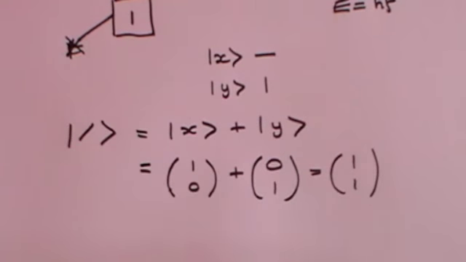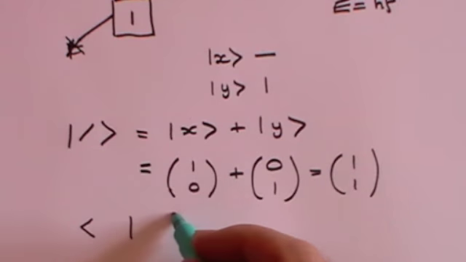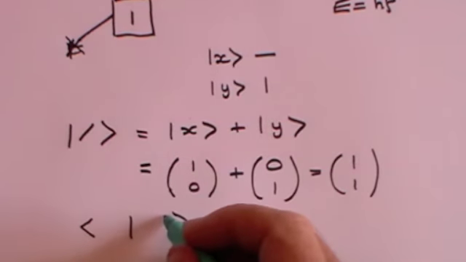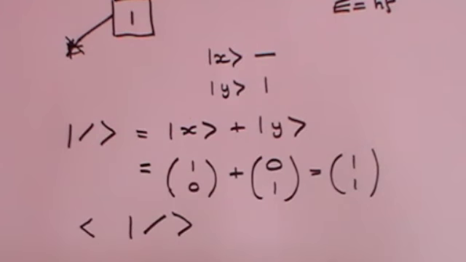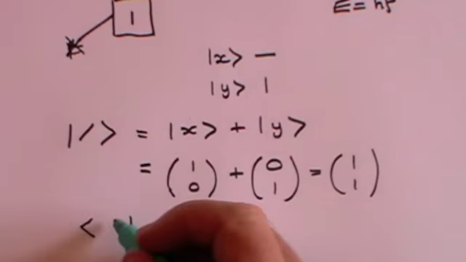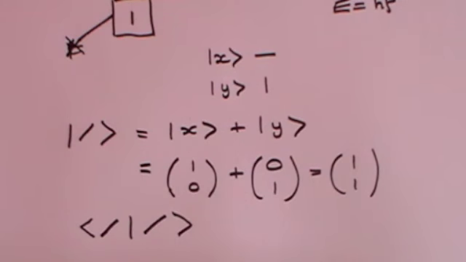But I now ask the question, what is the probability if I prepare my photon in the 45 degree angle polarization? What is the probability of it going through a 45 degree angle polarizer? And we all know the answer to that. It must be 100%. If you prepare it polarized in that direction, it will go through, certainly, a polarizer polarized in that direction.